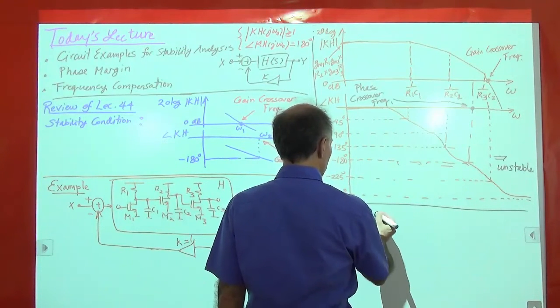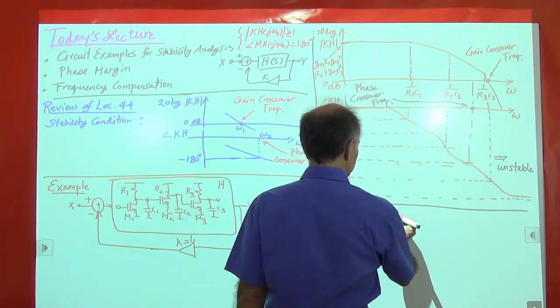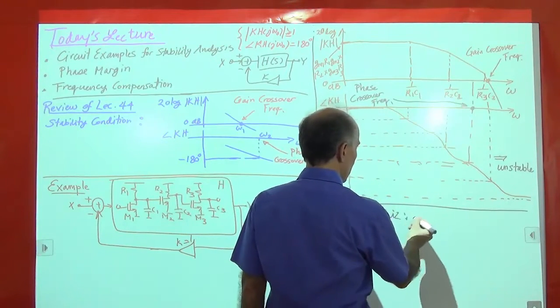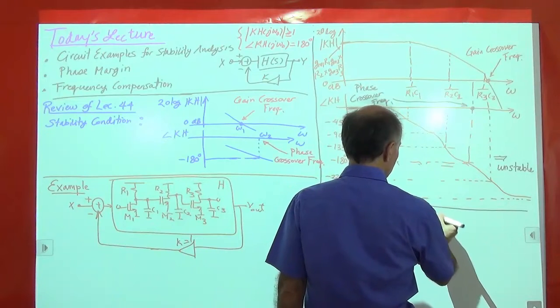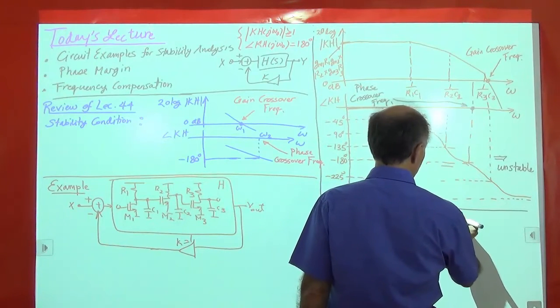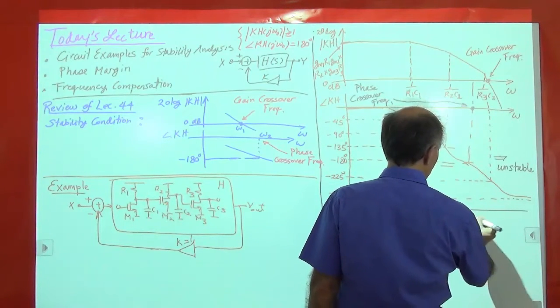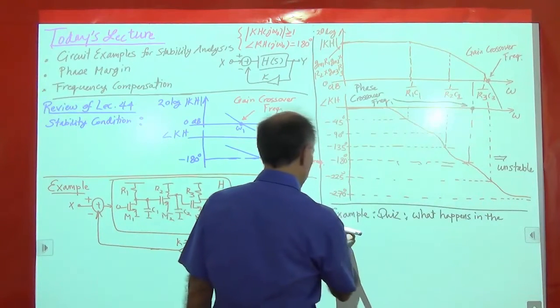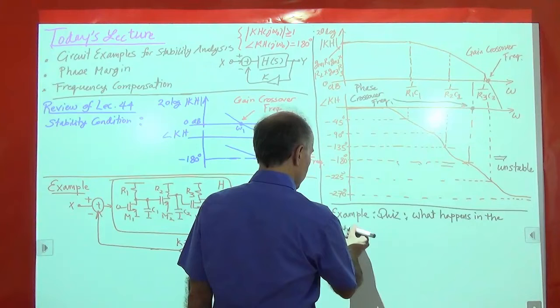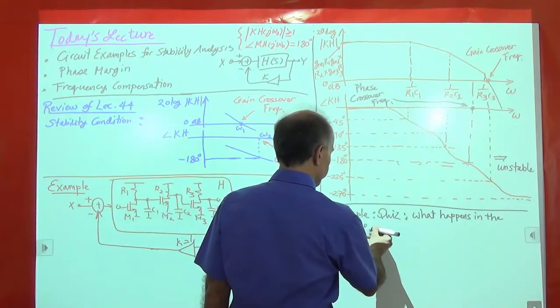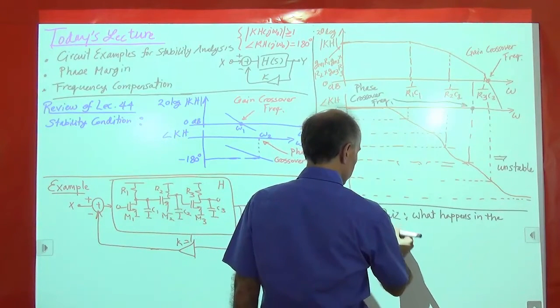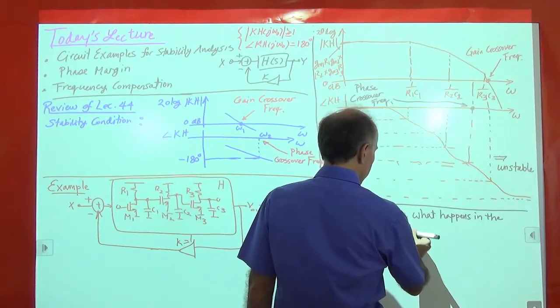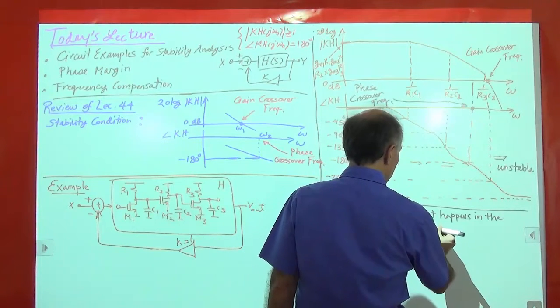So this is in fact a quiz for you. What happens in the previous example, in the example with three poles, if K is reduced?